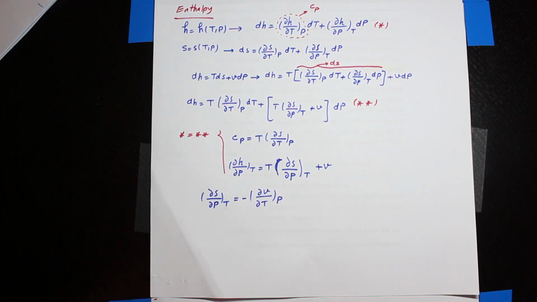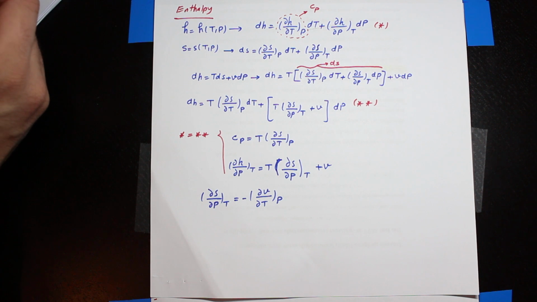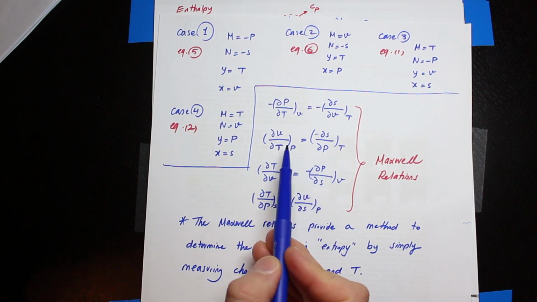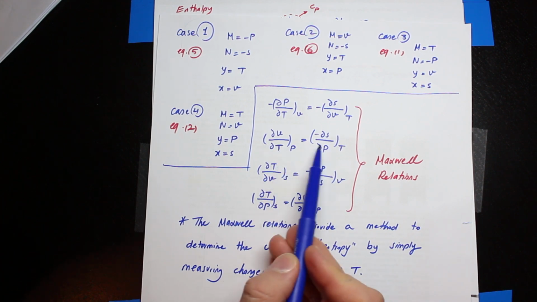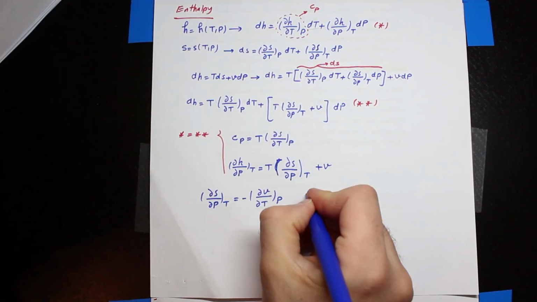Let me find that correlation so I can show you here. All right, so basically, I am referring to this Maxwell correlation that we had before, the second one. I'm using the second Maxwell relation.